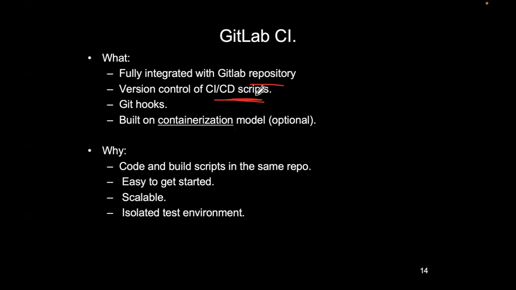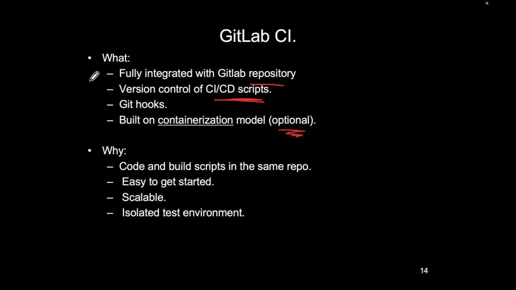I will focus on that fact when I start explaining these scripts, and they'll make a lot of sense to us given how much we know now about containerization and Docker in particular. Although you don't have to use the containerized part of GitLab CI, it is actually optional, but we certainly will be using it.